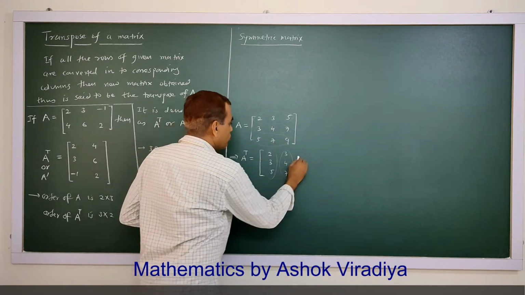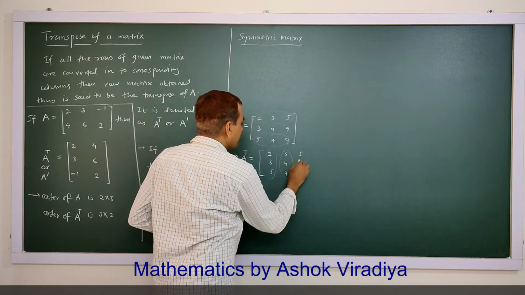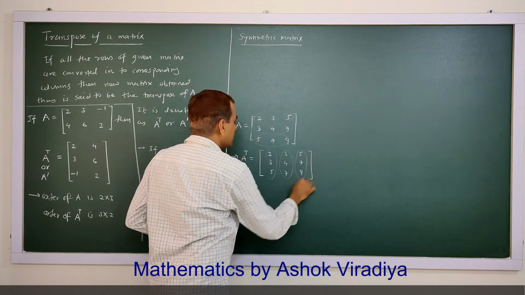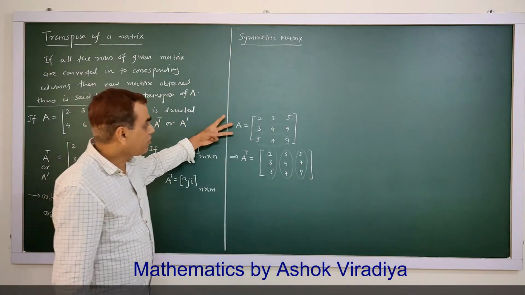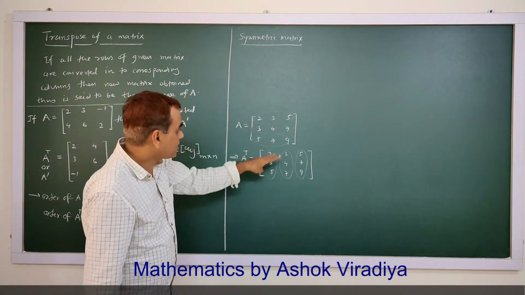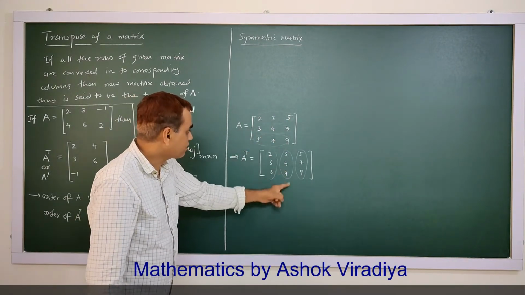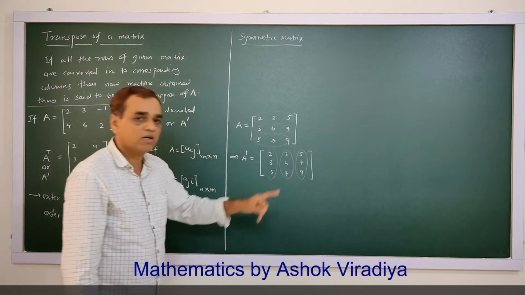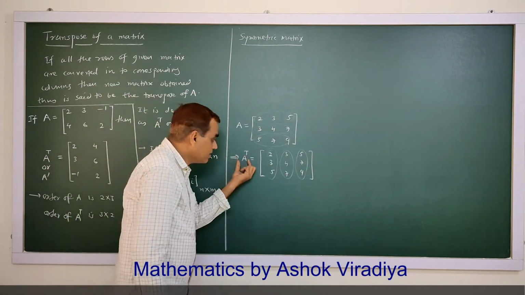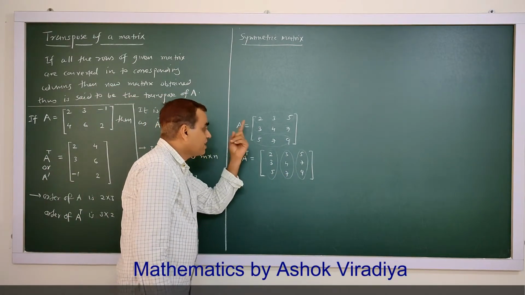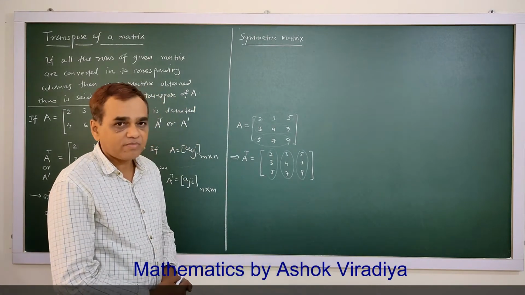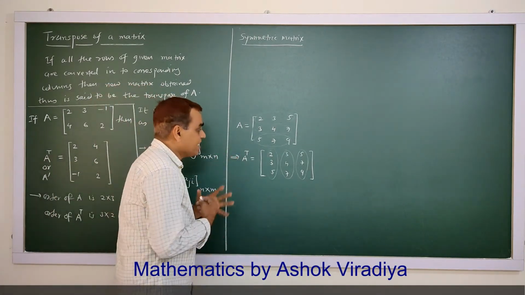Third row, third column. Converting all three rows into corresponding columns. The matrix obtained thus is the transpose of the given matrix. So it is A transpose.